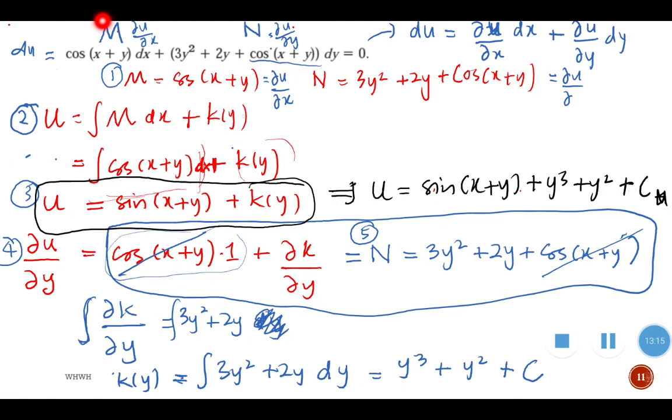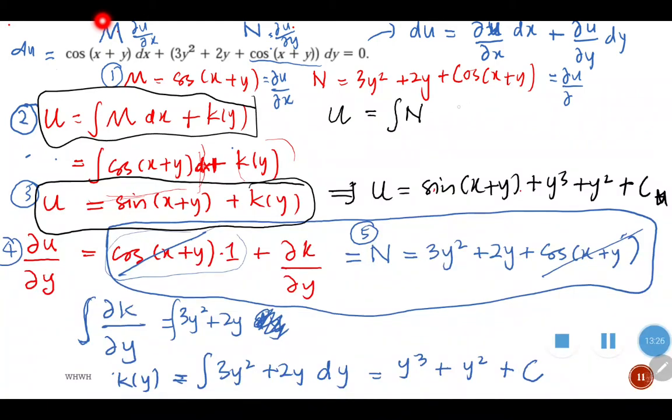Kalau tadi kita guna formula ni kan, so now let's try the second method. Second method macam mana? Second method kita guna N, integration of N dy plus with, dalam formula saya letak I x. The answer should be this one. Jawapan sepatutnya sama. Alright.